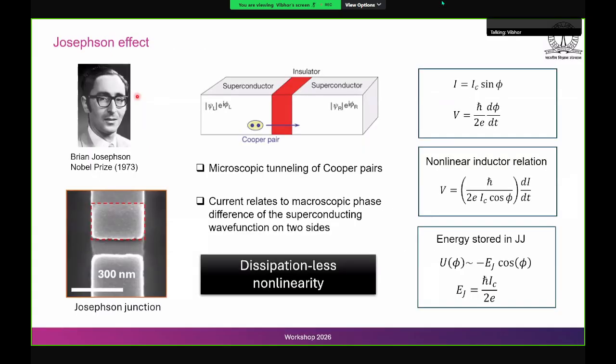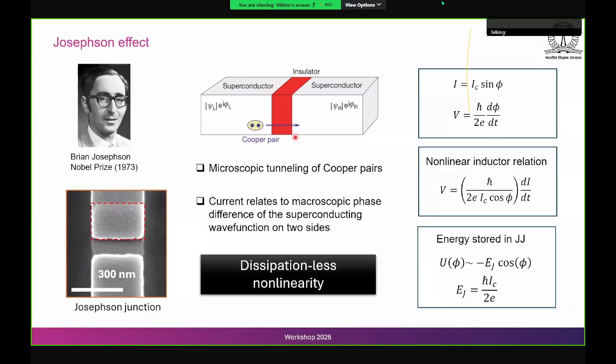So before we understand how to make a qubit, I think it's a good idea to get clarity on the Josephson effect. This is an interesting effect that happens when you put two superconductors separated by a thin insulating barrier. The physics here says that Cooper pairs, which are the carrier particles in a superconductor, can tunnel across this insulating barrier.